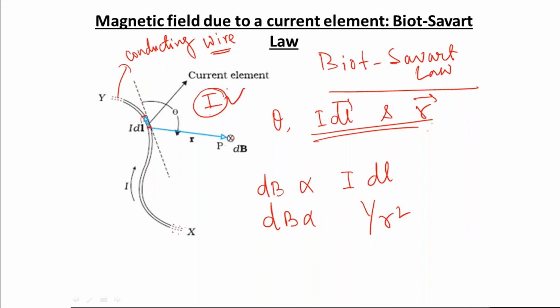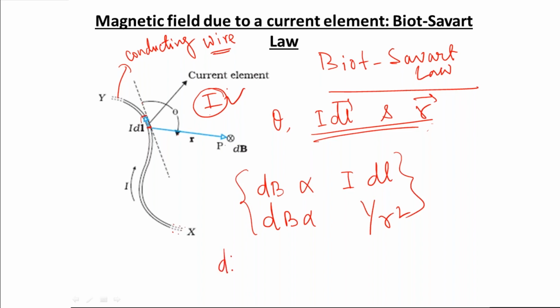Inversely proportional to the square of the distance between the wire and the point where you want to calculate the magnetic field. So I can say this is a test point and this is the source. So this r is the distance between the source of the magnetic field and the point of test, where we are trying to calculate the magnetic field.